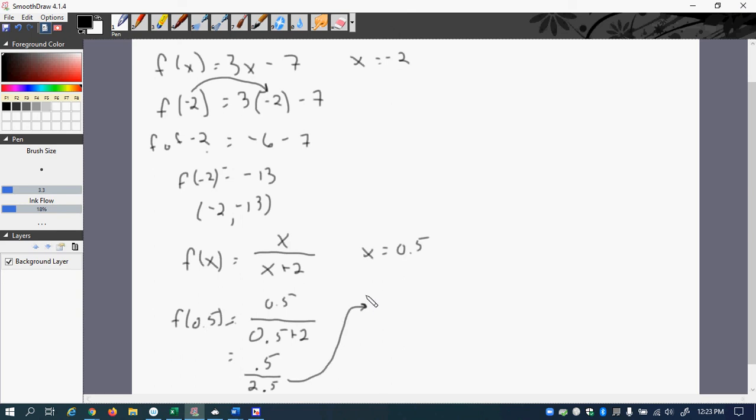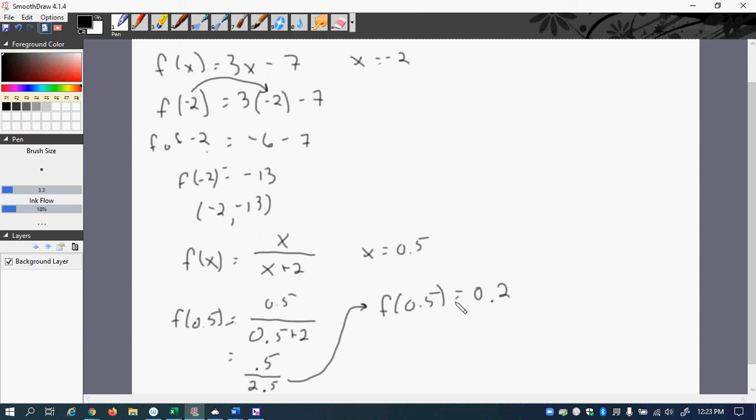Okay, so I'll just draw a little arrow because I'm running out of space here. So then now we have to do the division here. So that would be f of 0.5, and so we take 0.5 and divide it by 2.5, and we get 0.2.